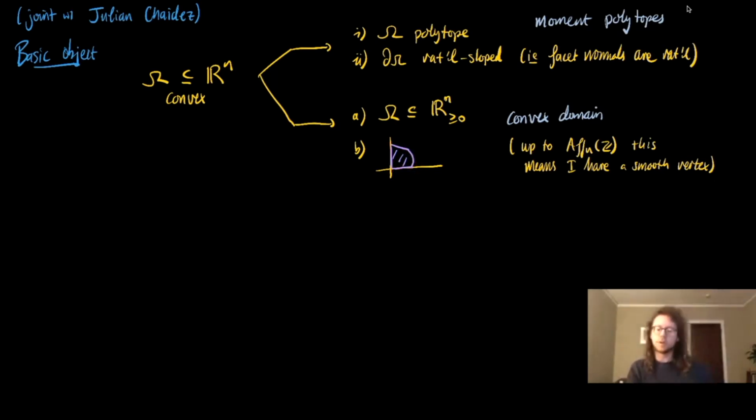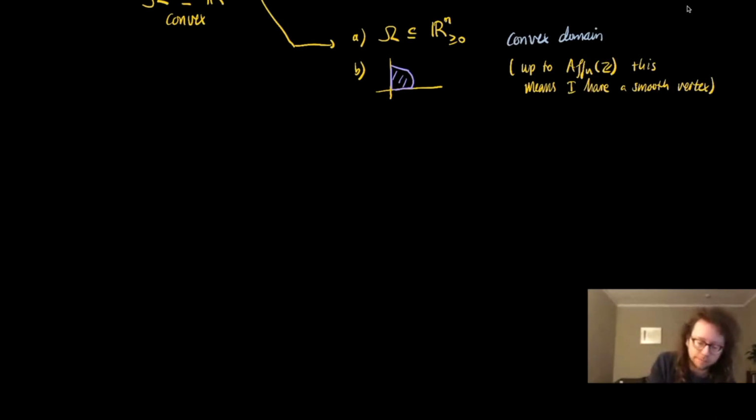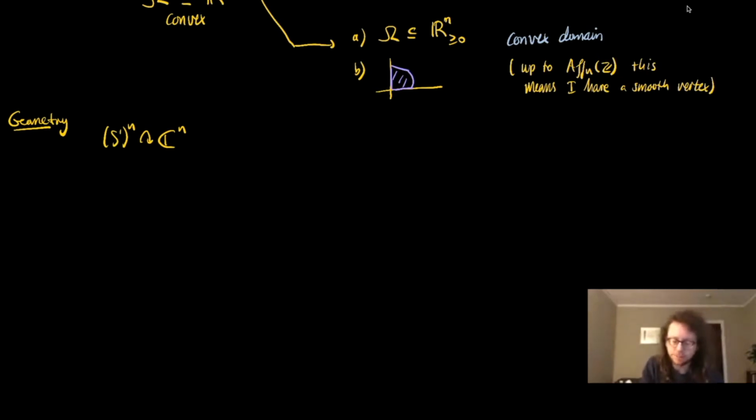These are the two sorts of objects that I'm going to talk about, and to each of them I can associate some interesting geometric spaces. So, some geometry. I'm going to consider C^n as a symplectic manifold in the standard way. It has a torus action, just by rotation in each coordinate, and that produces for me a moment map to R^n, in other words, to the Lie algebra of this torus.